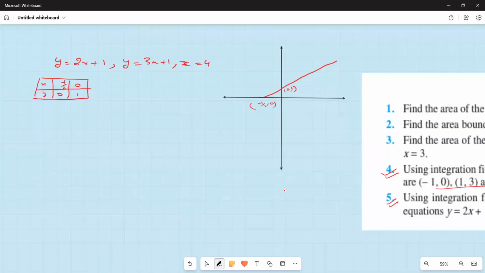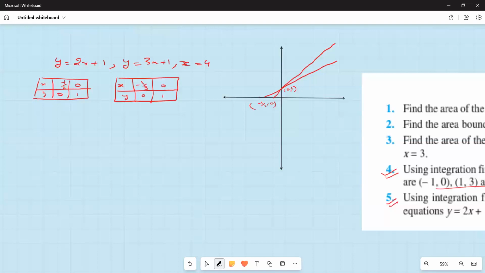Then second one is xy. This is 0, this is 0. So if y is 0, then x is equal to minus 1 by 3, na? And when x is 0, y is equal to 1. Means this is going to be like this.